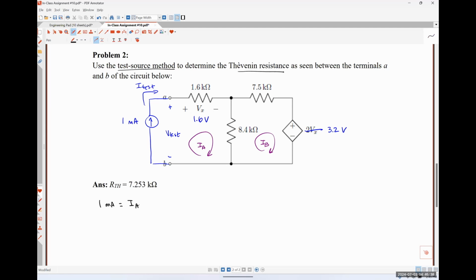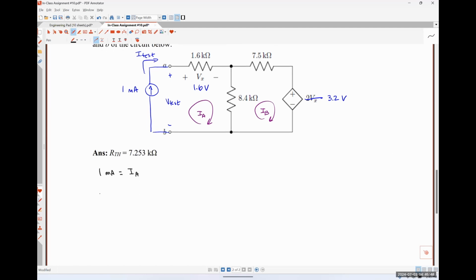Yeah. Exactly right. So now we're just going to write a KVL equation around mesh 2, or excuse me, mesh B, and then we should be good to go.